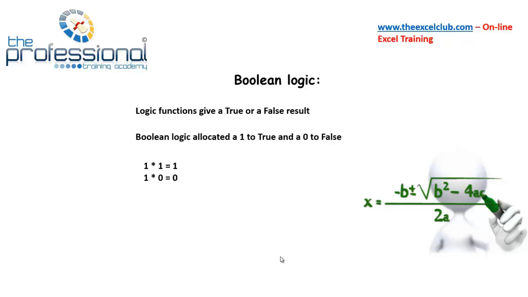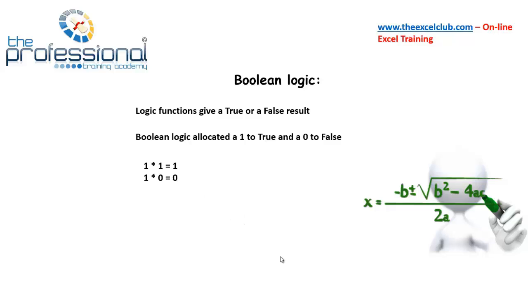We know from maths 1 multiplied by 1 equals 1, but 1 multiplied by 0 equals 0. So a true multiplied by a true will give you a 1, but a true multiplied by a false, or a false multiplied by a false, will give you a 0. Actually, anything multiplied by a false is going to give you a 0.